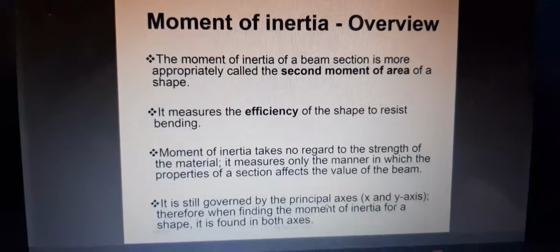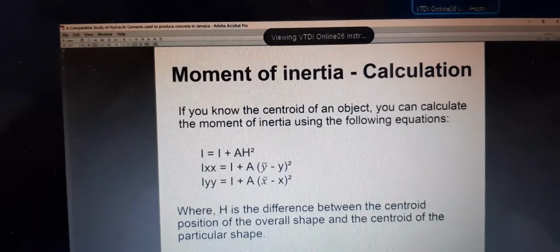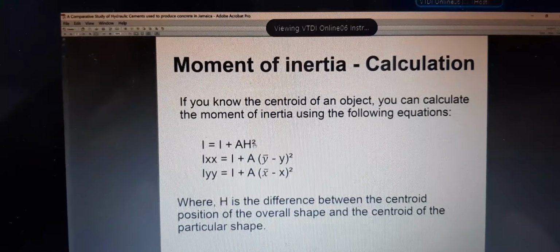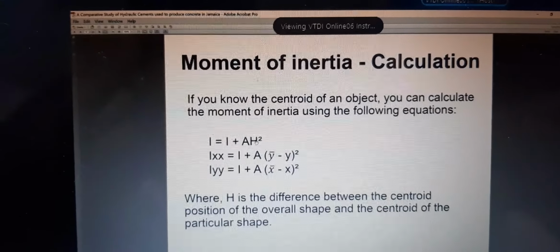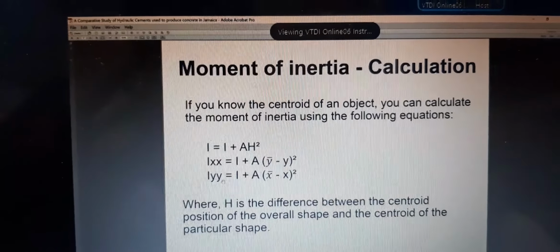Now here you're seeing I. I is used to denote inertia. So I, the total inertia for a shape, is going to be the inertia plus the area times h squared. Now you have to know that this h right here, look at how it is broken down along the x-axis and along the y-axis.